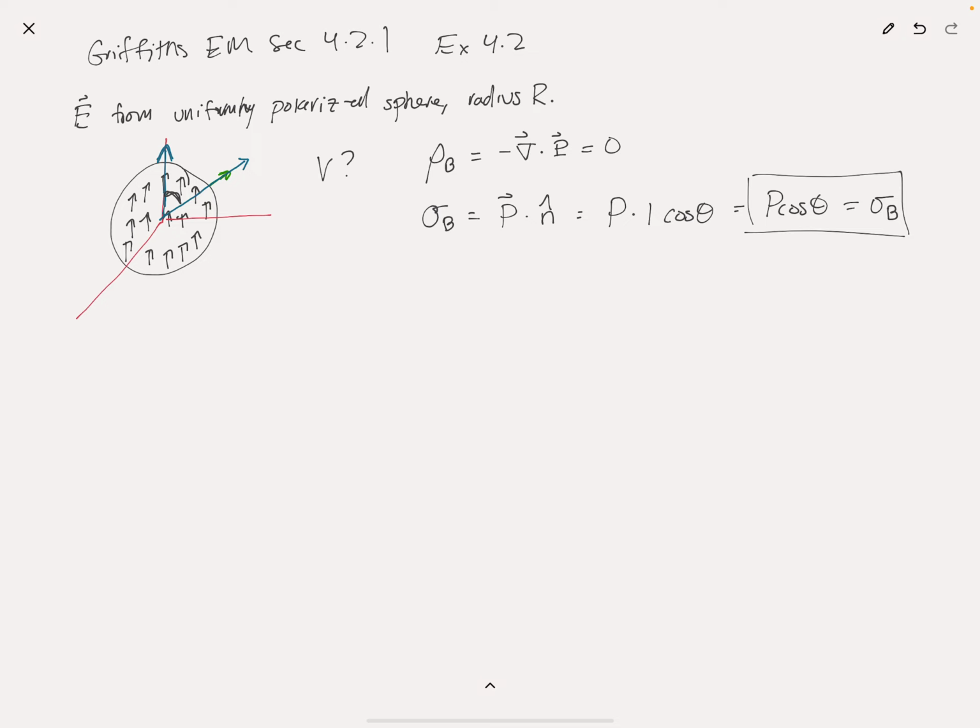There's already been an example problem done in the book. I can't remember if the video covered it or not, but in example 3.9, we found the potential from something that had this kind of charge density. Let's just draw what that looks like.